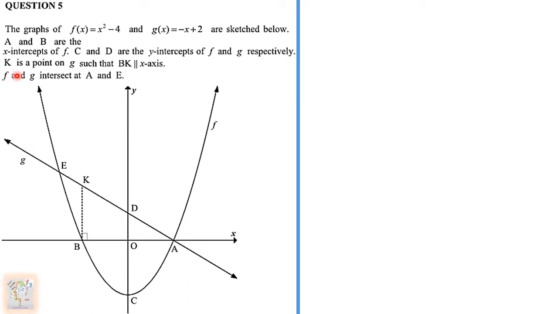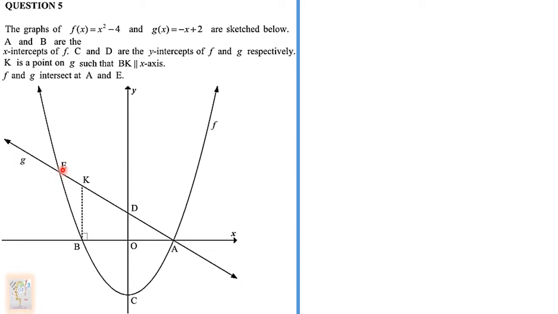We also know that K is a point on g, such that, rectify this, BK is parallel to the y-axis, not the x-axis, or BK is perpendicular to the x-axis. So BK is perpendicular to the x-axis is a typing error here; it should be BK is parallel to the y-axis. But we also know that f and g intersect at A and E. People, at the point of intersection of two graphs or more, the equations of the graphs are equal.